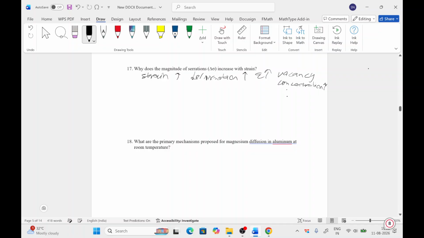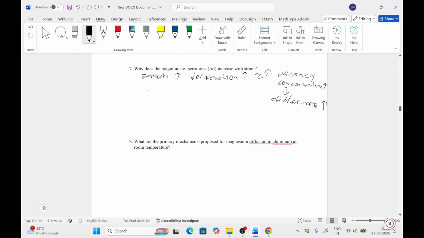And this vacancy concentration increases the diffusion rate further. The diffusion rate is increased because of the vacancy creation. So the solute atoms can pin the dislocations easily, and because of the locking of solute atoms, we have to apply more stress to move the dislocations.